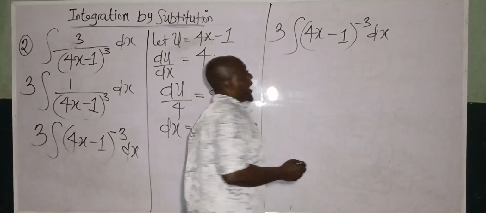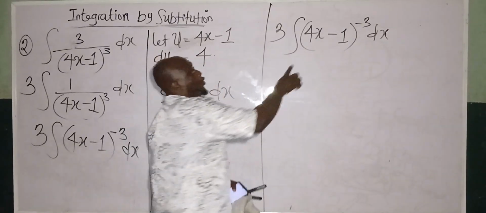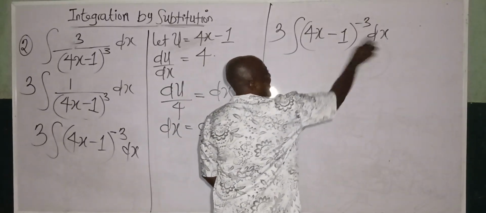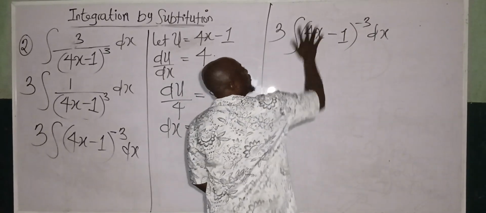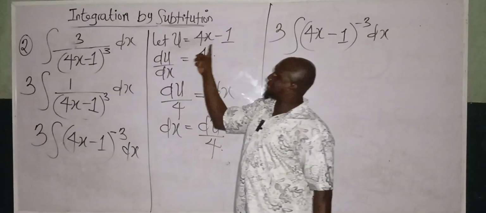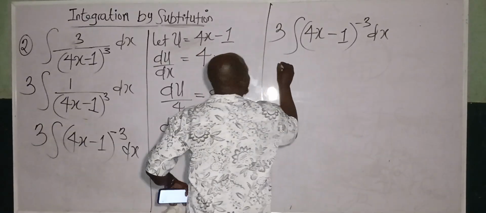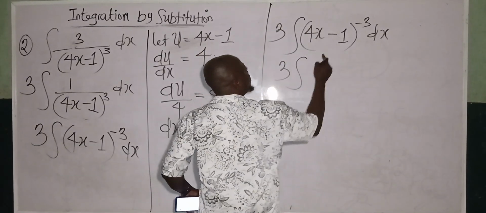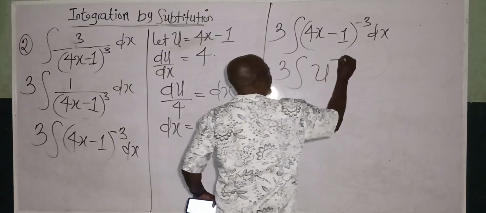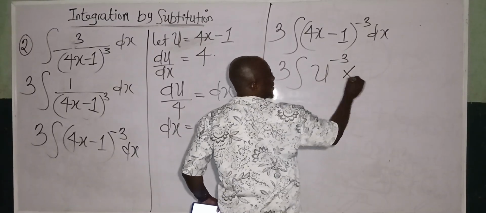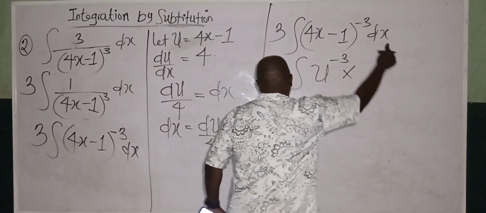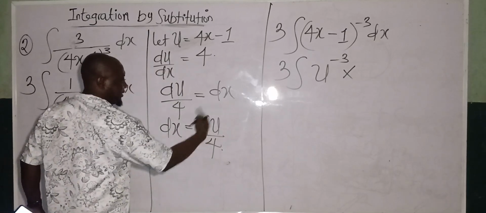So let's start our substitution now. First, we know that we want to remove all of this x now and put u there. We said all of this one is u from the beginning. So I will have 3 times the integral, remove this one now and put u, raised to the power of minus 3, times, we also said that dx is all of this one.